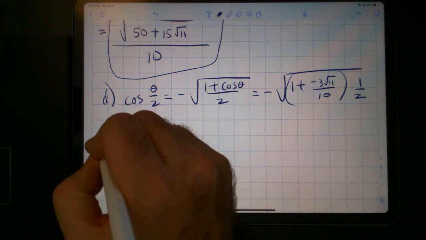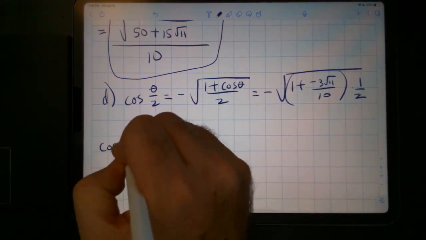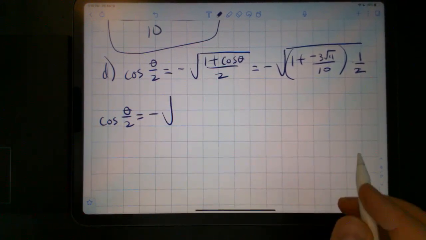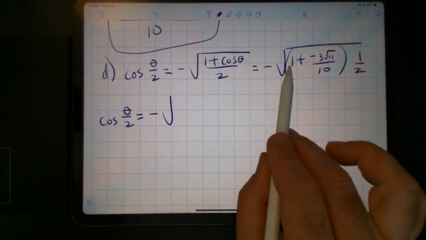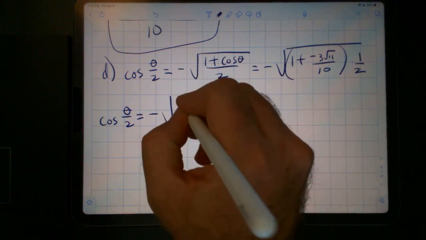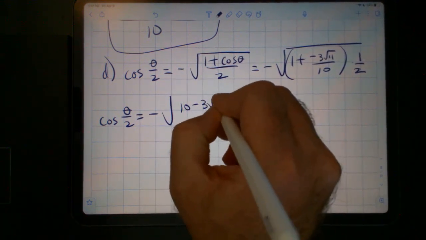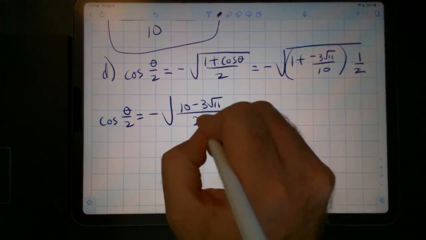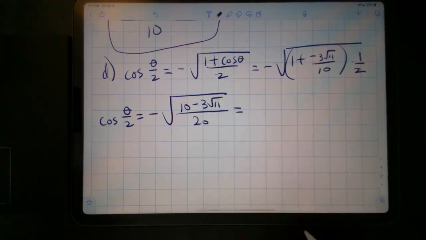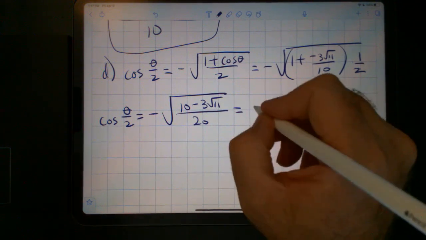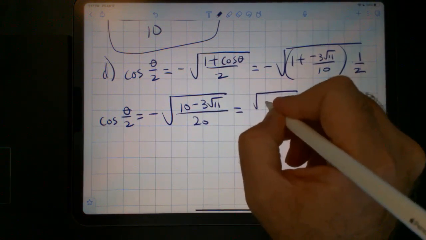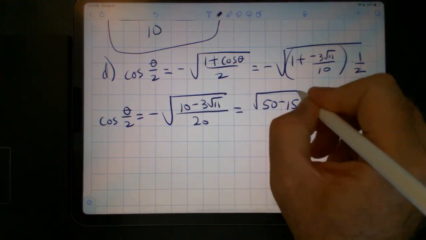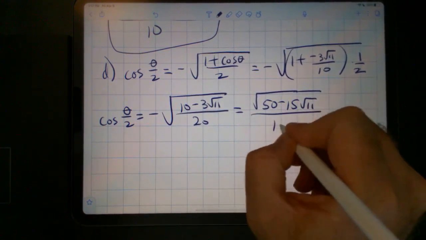So cosine theta over 2 is equal to negative the square root of 10 minus 3 radical 11 over the same 20. So this will end up being the square root of 50 minus 15 radical 11, all divided by 10.